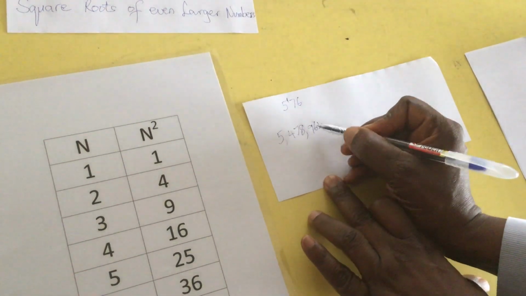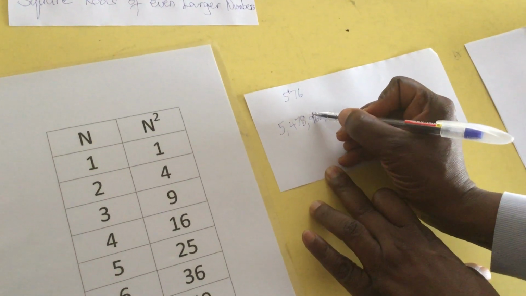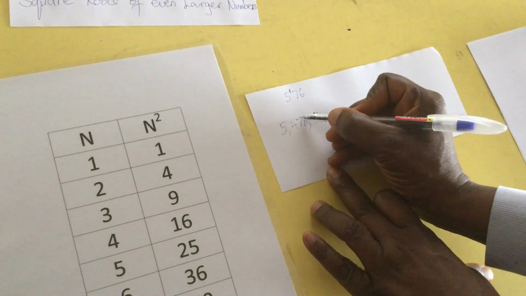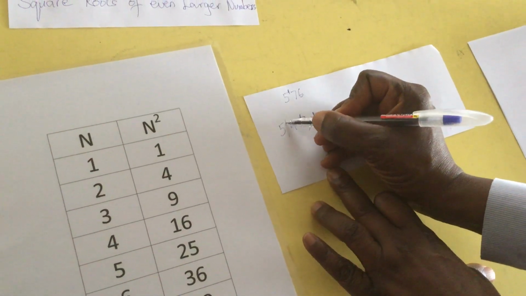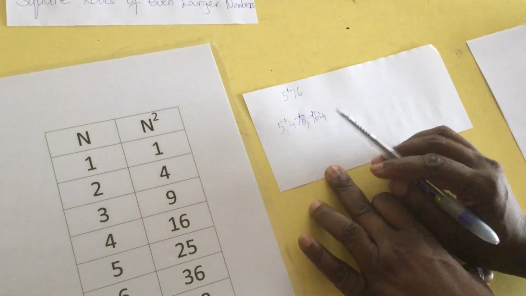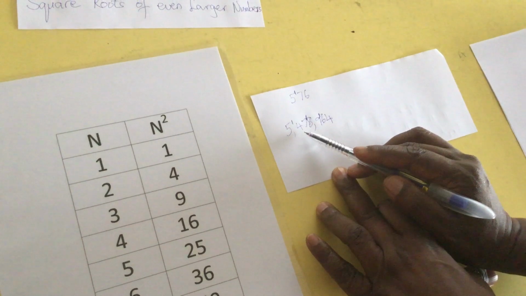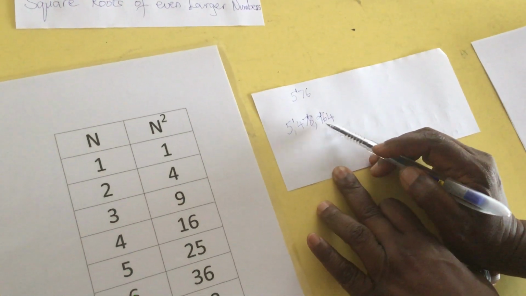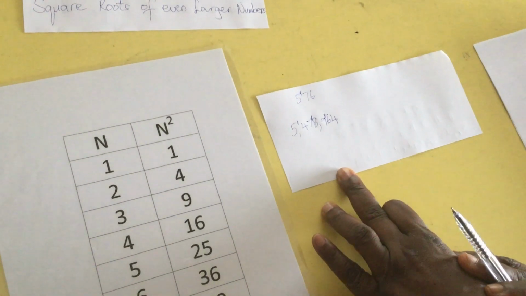Just make allowance for 2 periods. 1, 2. This is a period. 1, 2. Another period. 1, 2. Another period. So this means that the square root of 5,478,964 will have 3 digits in the answer.